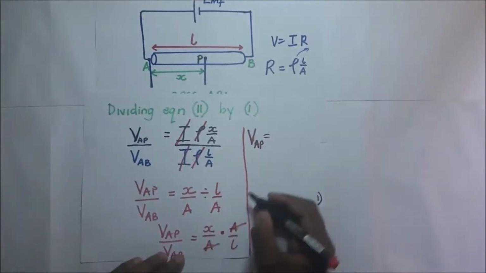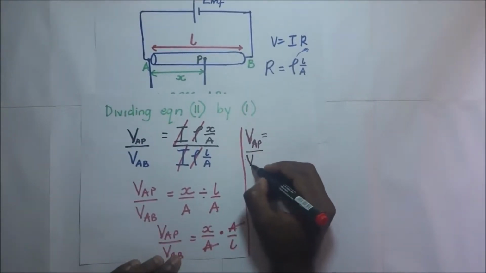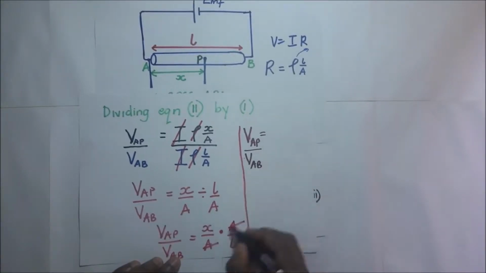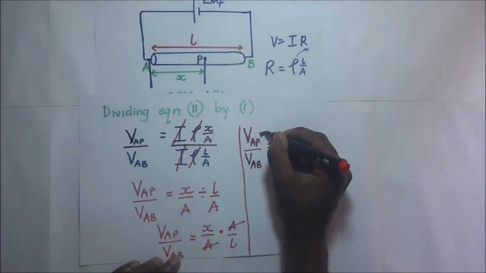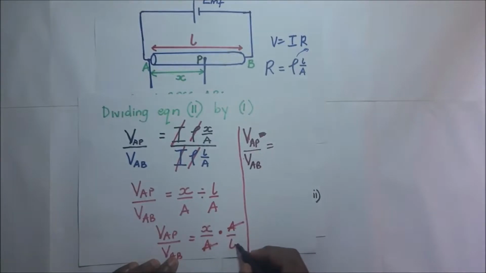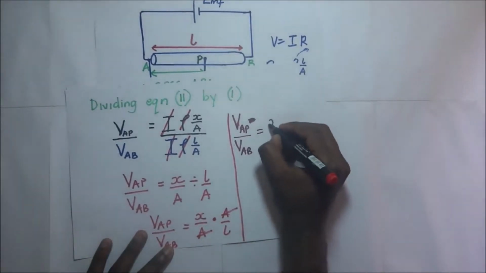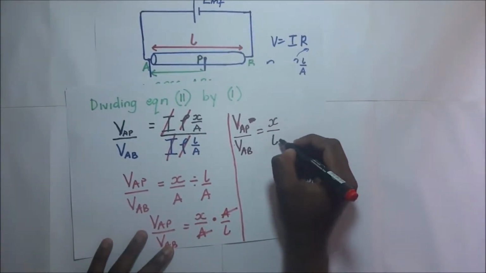So VAP over VAB is going to be equal to X over L.